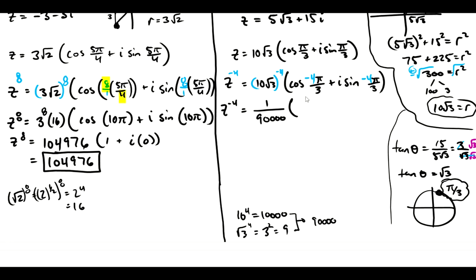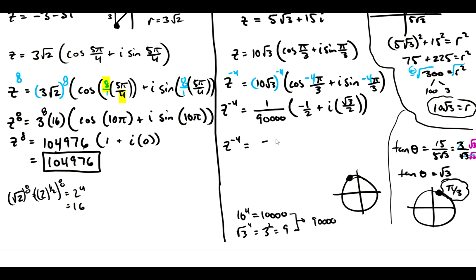And then the cosine of -4 pi thirds, we would want to be able to evaluate it. Again, just some scratch work down below. -4 pi thirds would put us in quadrant 2. From there I could say cosine would be -1/2, plus i sine of -4 pi thirds, still in quadrant 2, would be positive radical 3 over 2. Afterwards we would distribute this fraction.